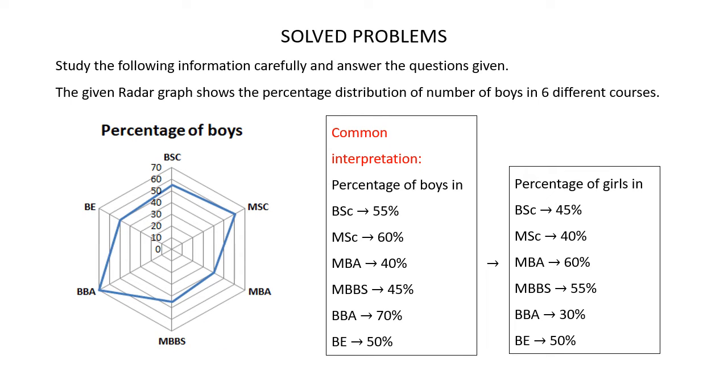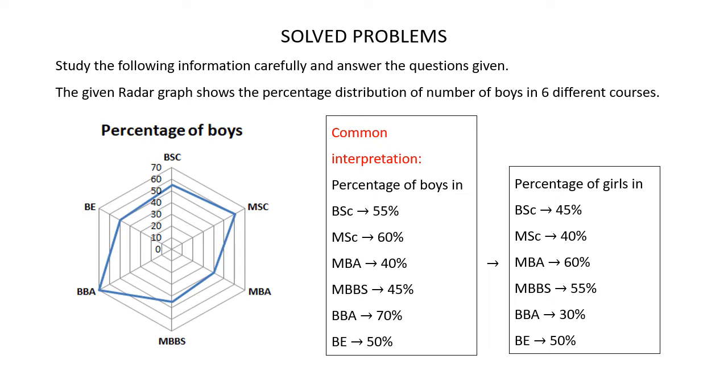Then you can use the information found in the common interpretation to solve the given questions. This makes answering the questions easier, and also it will save a lot of time for you. So let's understand how to do a common interpretation of the data given in this radar graph.